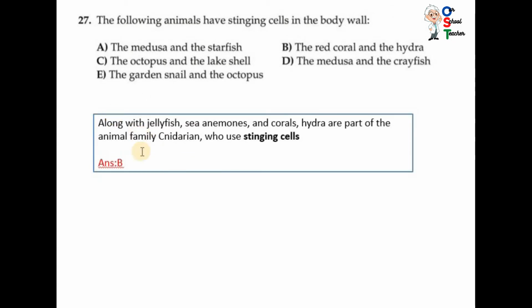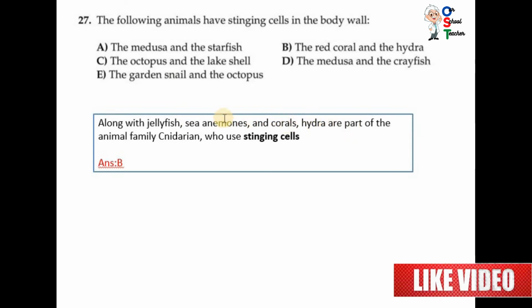Now question number 27. The following animals have stinging cells in the body wall: the medusa and starfish, the red coral and the hydra, the octopus and the lake shell, the medusa and the crayfish, the garden snail and octopus. Actually, phylum Cnidaria, there is another family, that is Cnidaria, and jellyfish, sea anemone and coral and hydra.